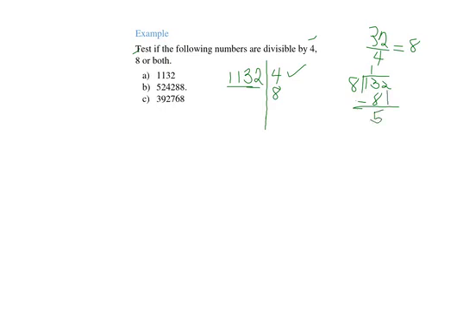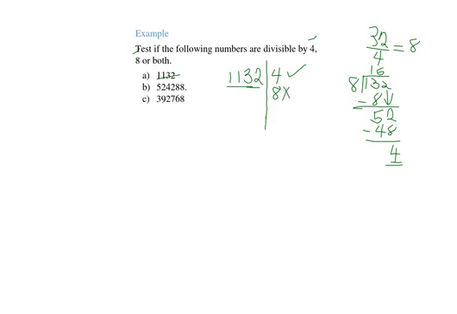Then we drop a 2, so we have 6 because of 48. When we minus, we get 4. So it has a remainder of 4, and this means that it is not divisible by 8. So the whole number, that is 1132, is not divisible by 8.